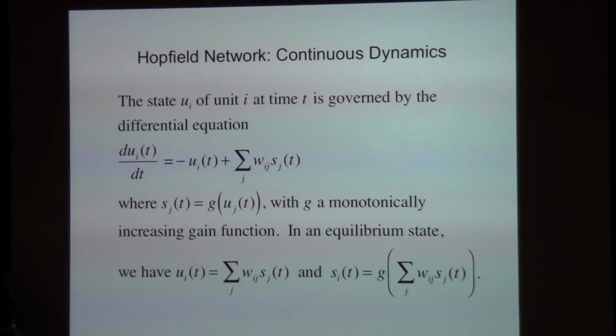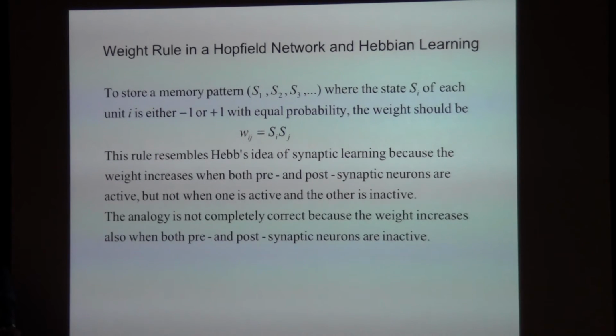So what's the learning rule? The learning rule is also very simple. You want to store a memory pattern. The pattern, you can show it as a picture or whatever, just different pixels, each neuron either on or off. That's a pattern. So I have a list of +1, -1 for each of the neurons in your network. That's a memory pattern.